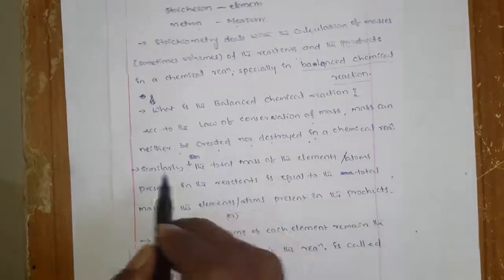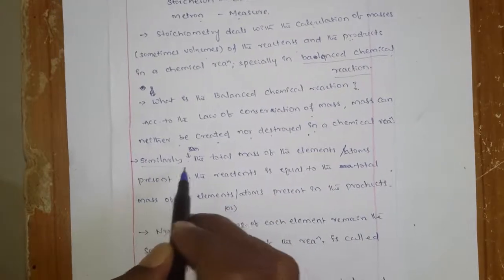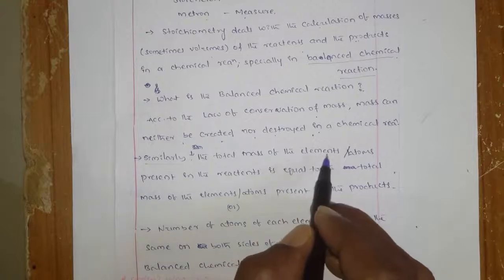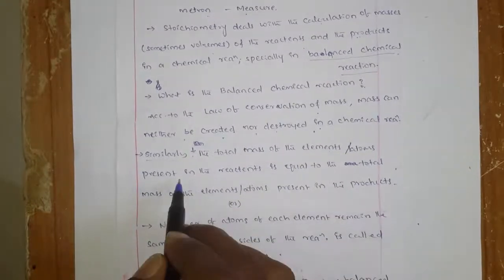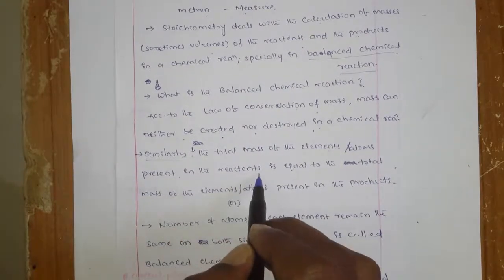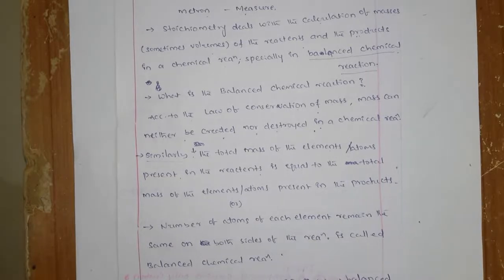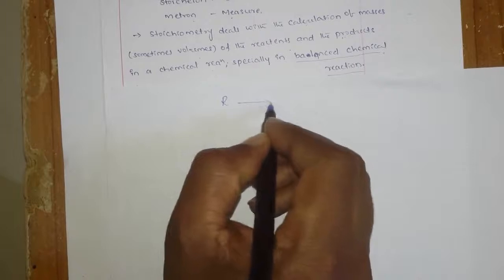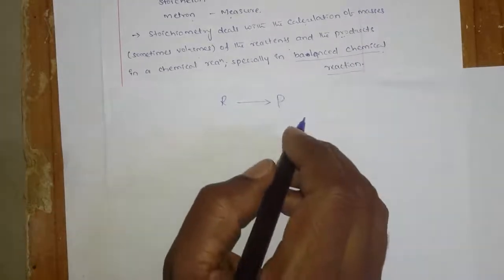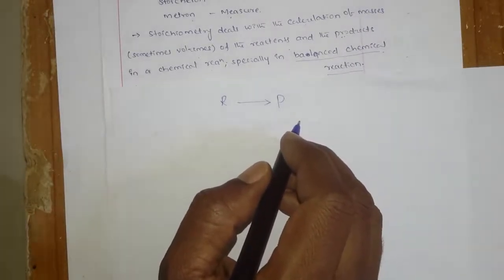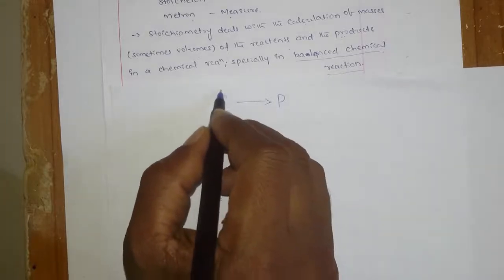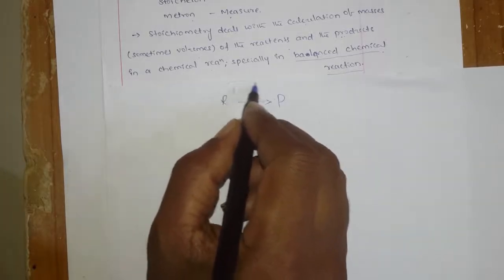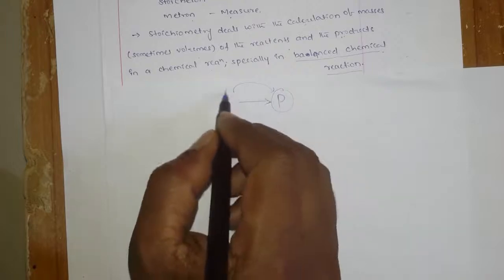So the total mass of the elements or atoms present in the reactants, generally we write that the reactants convert into the products. According to the law of conservation of mass, the mass of all the reactants converts into the mass of the products.